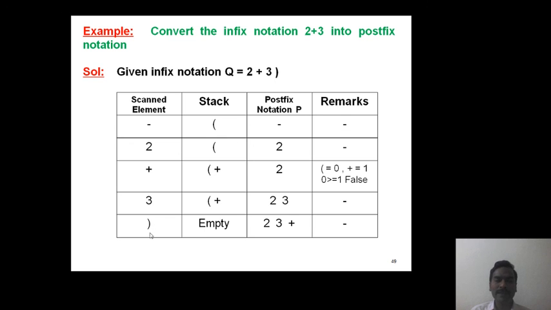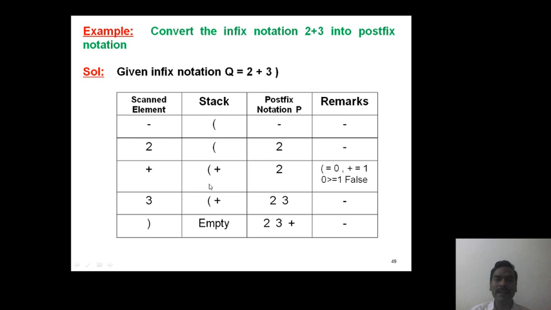Whenever a right parenthesis is encountered, repeatedly pop elements from the stack and add it to P until a left parenthesis is encountered. So the first deleted element is plus, which is not a left parenthesis, hence add it to P. The next one is the left parenthesis. Here the left parenthesis arises, hence remove the left parenthesis.